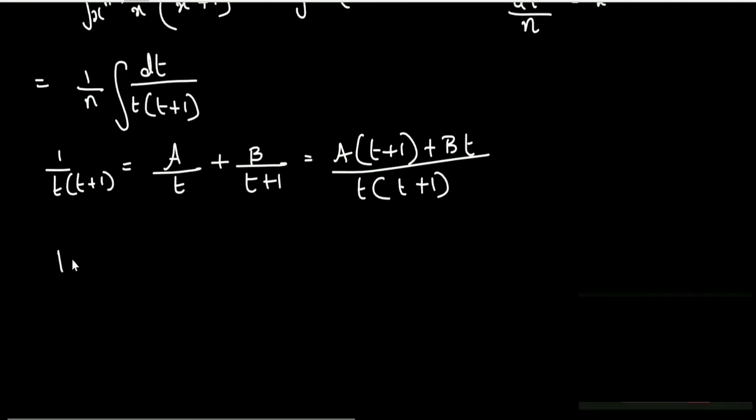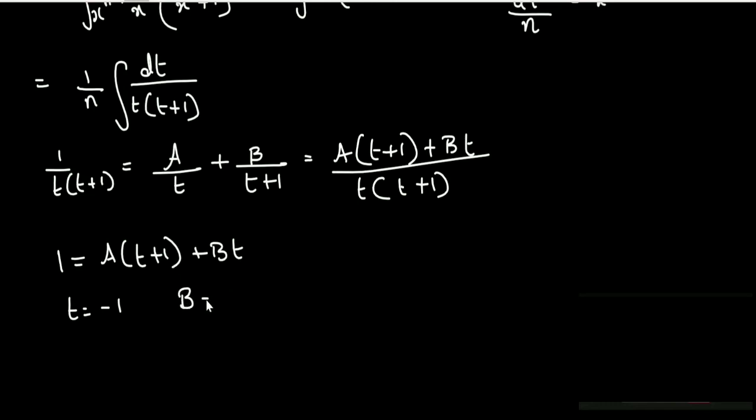So 1 is equal to a into t plus 1 plus b into t. Put t is minus 1, this will become 0. So b will become minus 1. Put t is 0. So you will get a is 1.